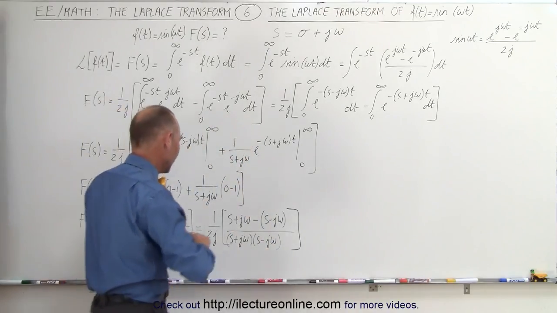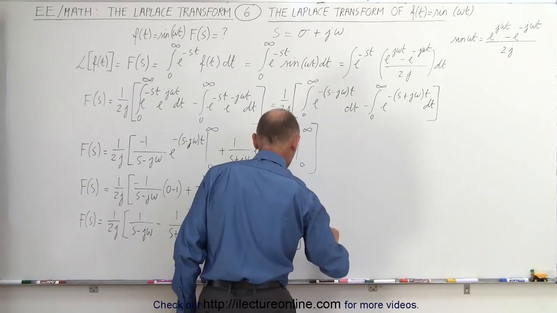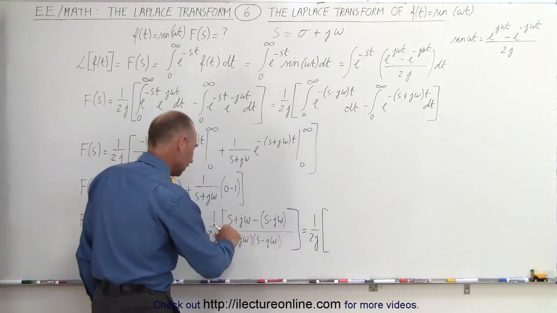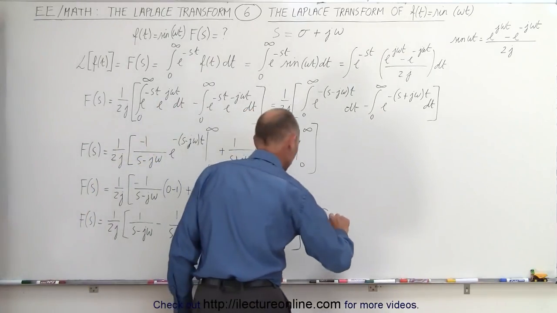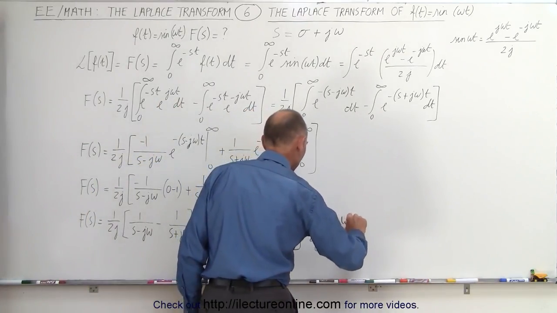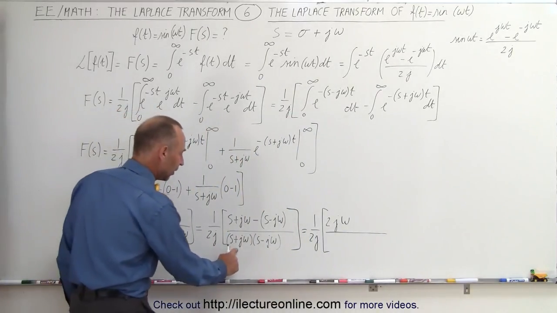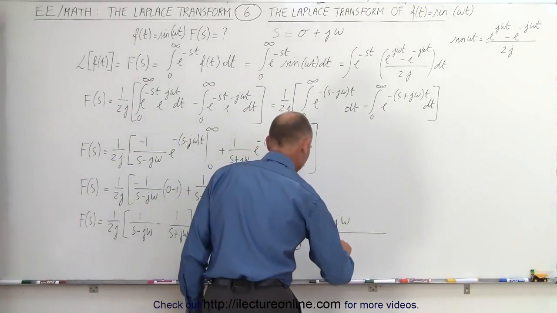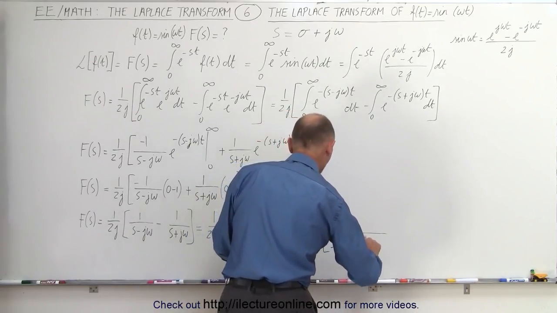So continuing to simplify, this is equal to 1 over 2j times s minus s, that's 0. j omega minus j omega is 2j omega in the numerator, divided by the denominator. Notice this is s plus and s minus. This becomes s squared minus j squared omega squared.